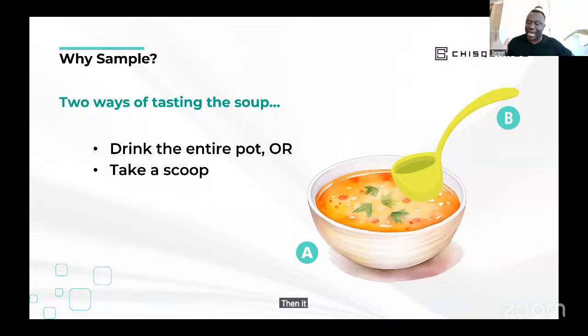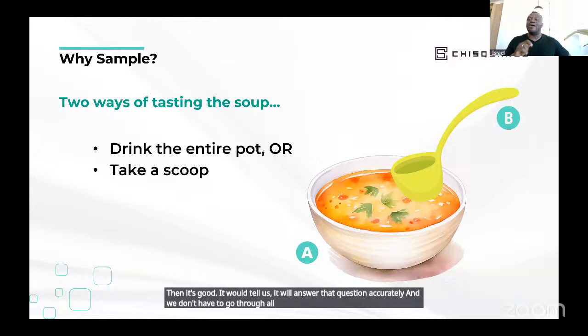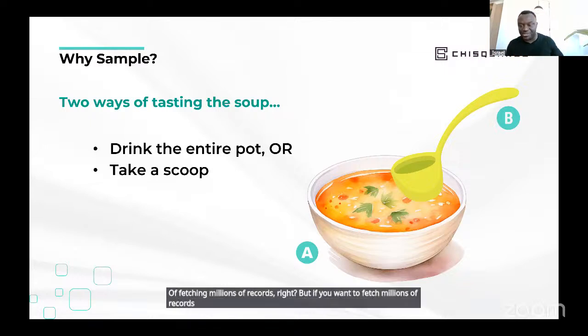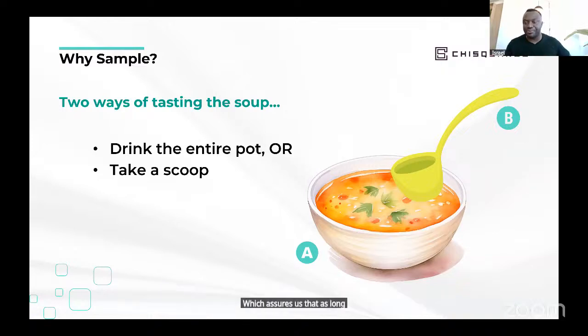It will answer that question accurately, and we don't have to go through all this headache of fetching millions of records, right? But if you want to fetch millions of records, I am more than happy to help you with that. Just be aware that there are cost implications to going through millions of records. The more efficient thing is to rely on statistics and probability theory, which assures us that as long as we take just a random sample, we are covered.